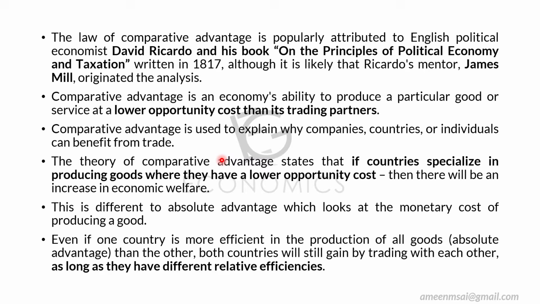The law of comparative advantage is popularly attributed to economist David Ricardo and his book On the Principles of Political Economy and Taxation, which was written in 1817. As I said, this theory is related to David Ricardo, and he presented it in that book.